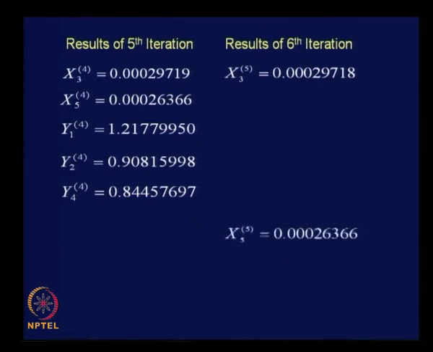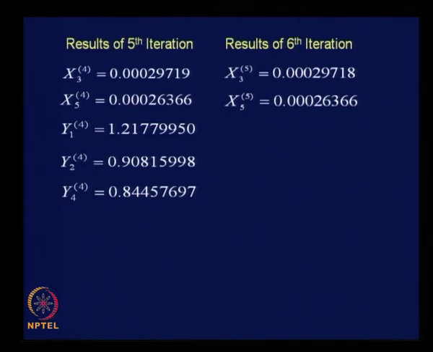Let us see the result of the other calculations. x5, there is a perfect match, no variation at all up to the 8th decimal place. y1, there is variation in the last decimal place, right.